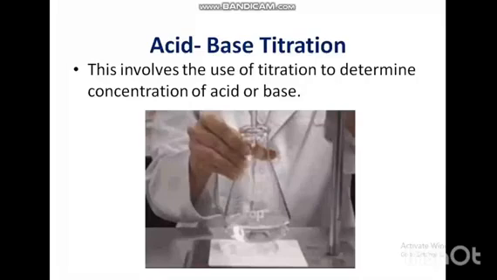In this type of titration, if the concentration of acid is known, then you will be using titration to determine concentration of base and vice versa. So it means that if the concentration of acid is known, then the concentration of base is unknown, and vice versa.